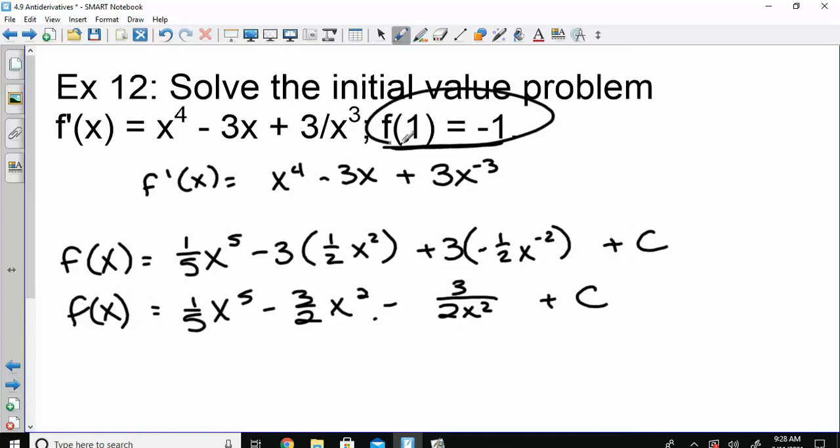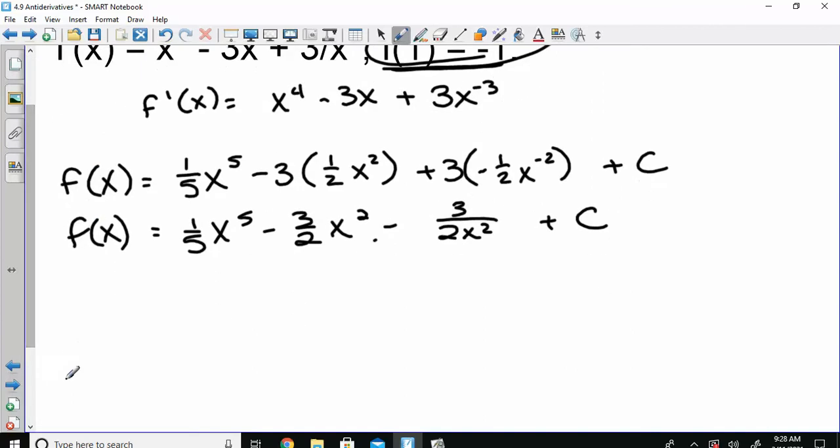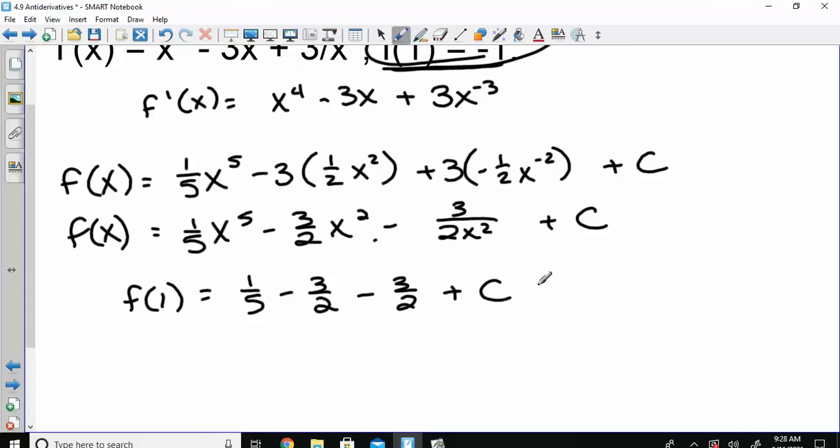But then I told you f of 1 equals negative 1. So if I plug in a 1 for all of my x's, I get 1/5 times 1 to the 5th, so 1/5. 3/2 times 1 squared is 3/2. Minus 3 over 2 times 1 would be 3/2 plus c. And this all has to equal negative 1.